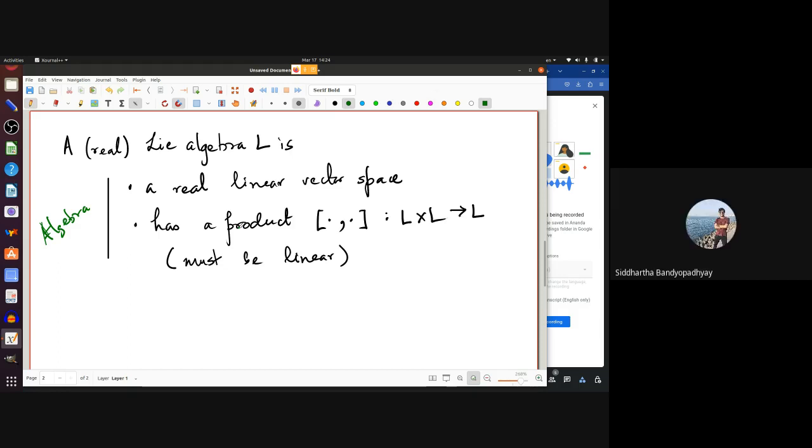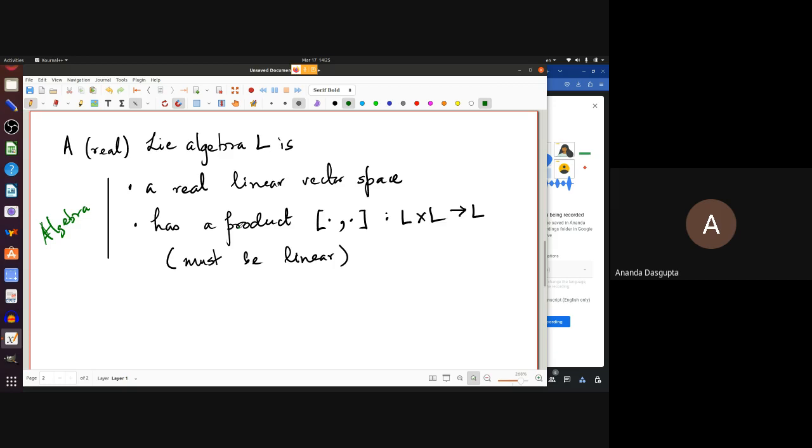Okay? However, we are talking now, you may not even mention Lie groups when you talk of Lie algebras. I'm just borrowing those properties that we have already seen to define a Lie algebra in the abstract. This definition can be made without reference to any Lie group. Do you understand what I'm saying? Okay. So if you have a real linear vector space, here I'm not saying that the linear vector space is the tangent plane at the identity of a group. If you have a real linear vector space, period, any real linear vector space will do.